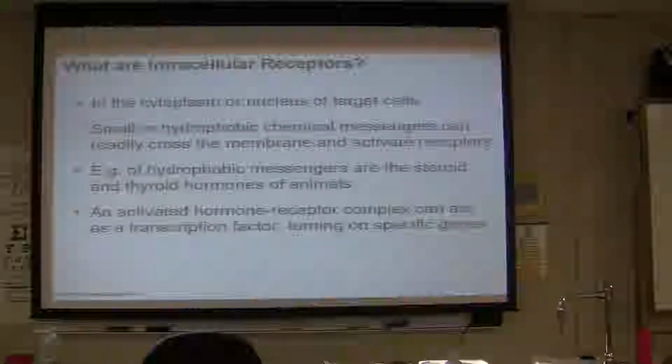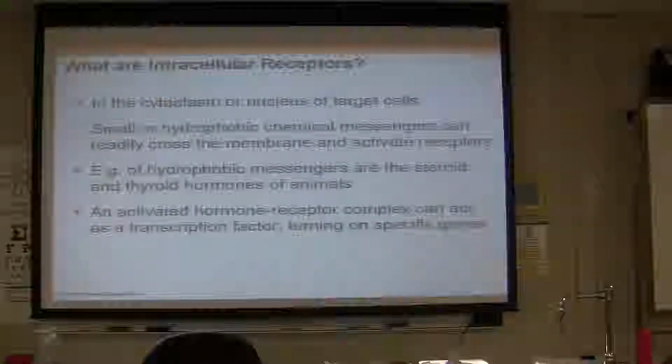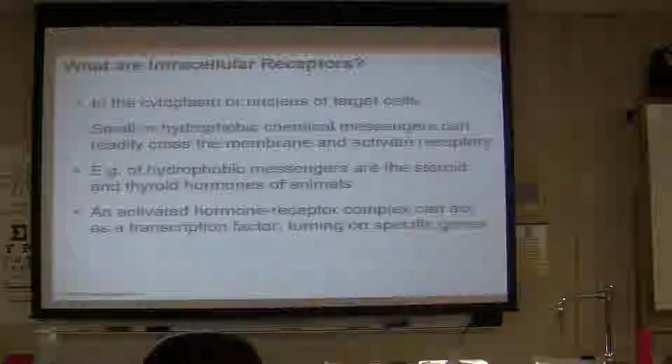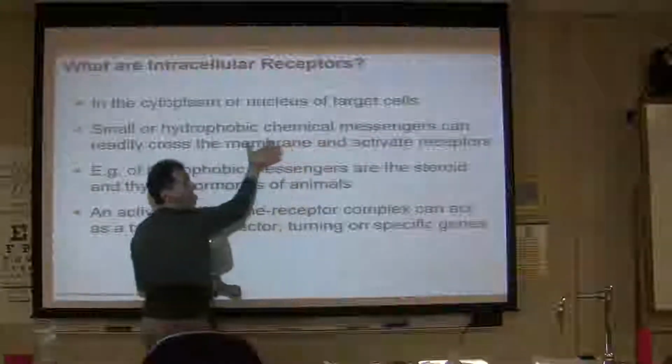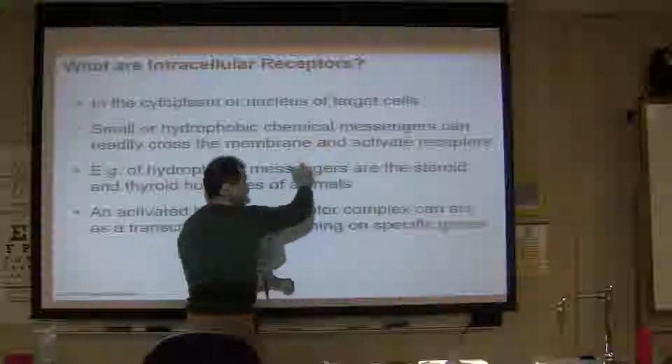So even though the receptors are inside of the cell, there are some kind of stimulators. The book is not using the term ligand anymore. It's using the term hydrophobic chemical messengers.